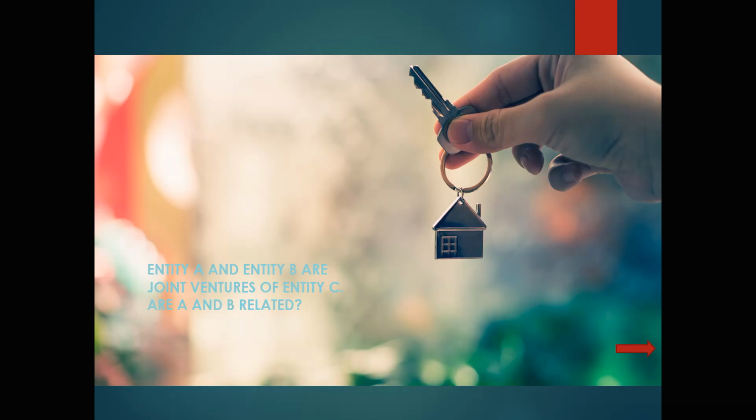Entity A and entity B are joint ventures of entity C. Are A and B related? Don't forget they are joint ventures, though. So you need to look at this carefully, don't just say yes, yes, yes. Entity A and entity B are joint ventures of entity C. Are A and B related to C?